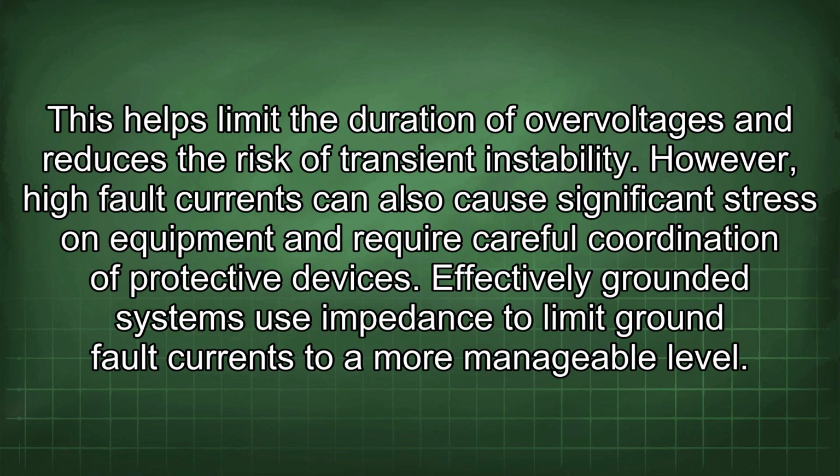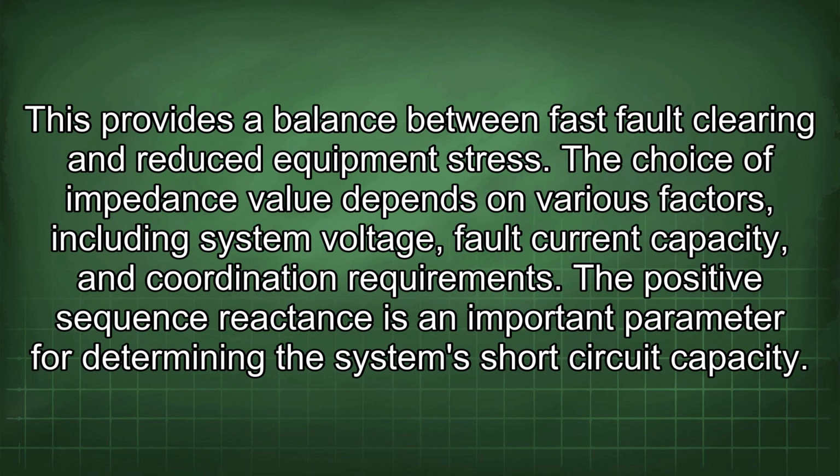Effectively grounded systems use impedance to limit ground fault currents to a more manageable level. This provides a balance between fast fault clearing and reduced equipment stress. The choice of impedance value depends on various factors, including system voltage, fault current capacity, and coordination requirements. The positive sequence reactance is an important parameter for determining the system's short-circuit capacity.